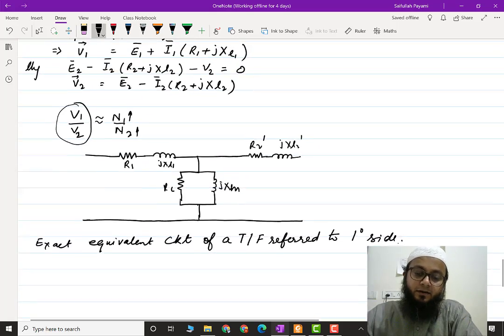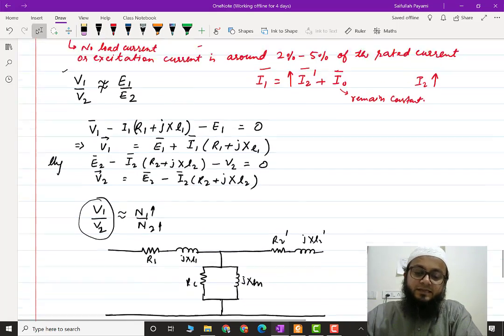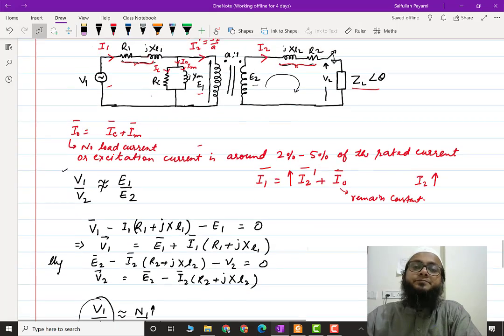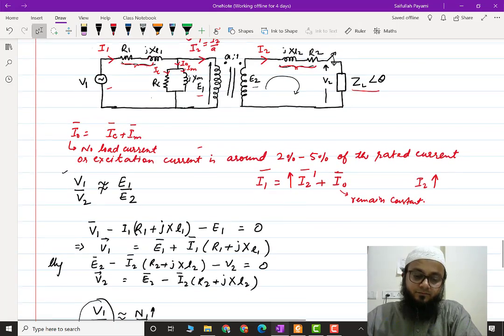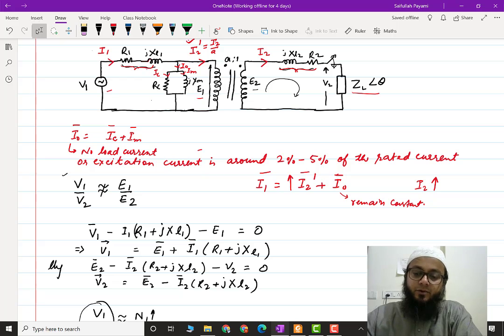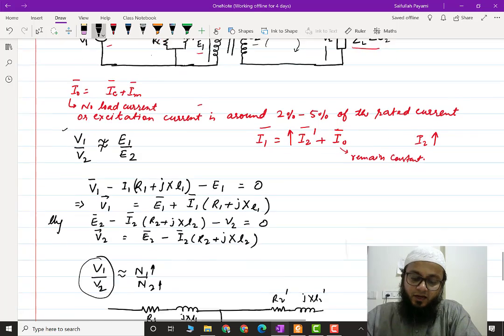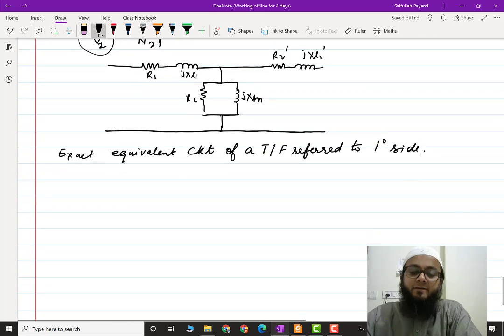Now, can we draw the phasor diagram for these conditions? Let's say for a loaded condition where some power factor angle is theta, let's say this is theta 2. Can we draw the phasor diagram for it?